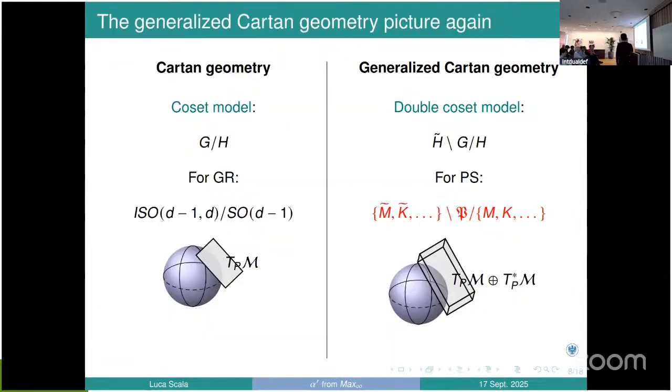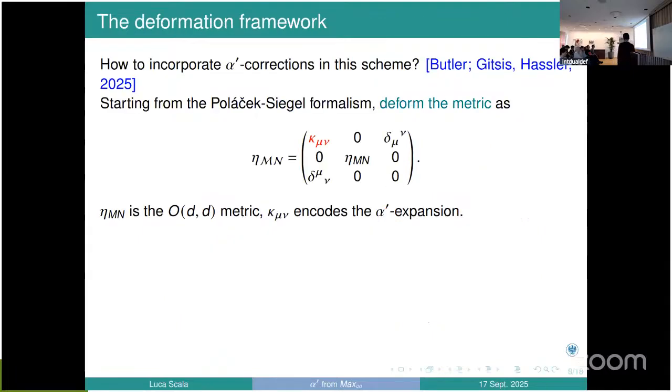The interesting thing, coming back to the double coset model, is that you start from this Poincare infinity and then you mod out from left and from the right, from the positive and the negative sector of this algebra. What you're left with are essentially double translations that span these double tangents. But I was just presenting you the ordinary picture.